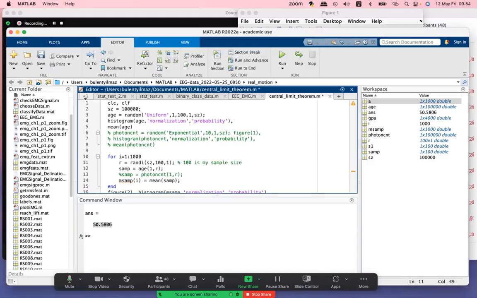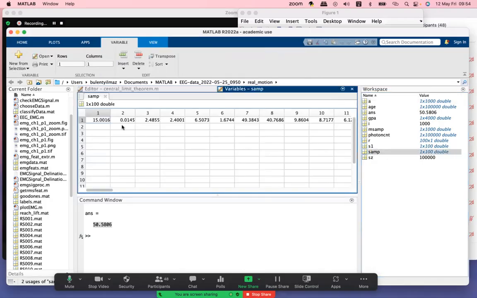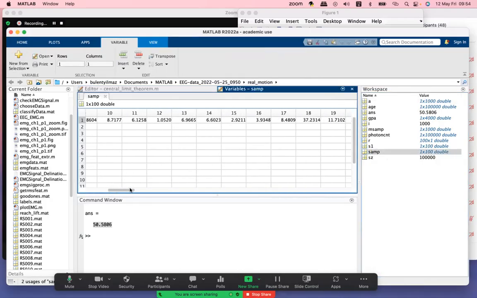That means I'm asking 100 people. Okay, then I take their ages. I go and randomly pick 100 people, ask their ages, and then obtain a sample. Sample is here, 100 numbers. You see 100 numbers, okay, with different ages.